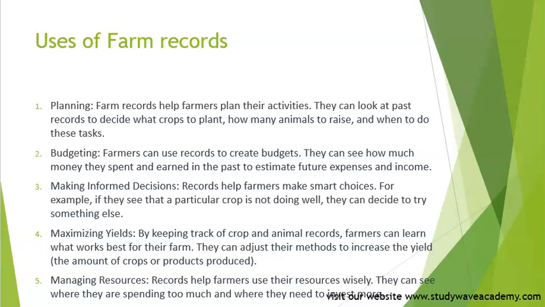Five, managing resources. Records help farmers use their resources wisely. They can see where they are spending too much and where they need to invest more. So all these are uses of farm records. Okay?